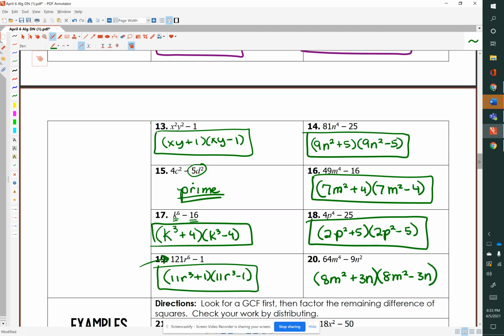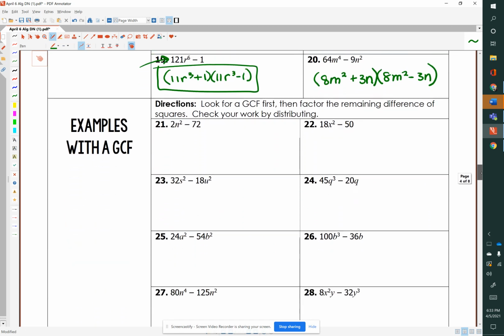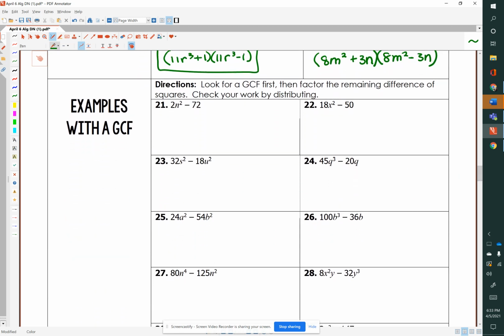So now for these last few problems, we have a bit of a challenge. In these problems, we need to look for a greatest common factor first. And after we pull out the greatest common factor, which was yesterday's lesson, then we can factor the remaining difference of squares. So if we pull out a greatest common factor, we hope we are left with a difference of squares.